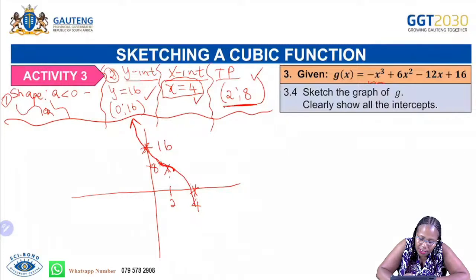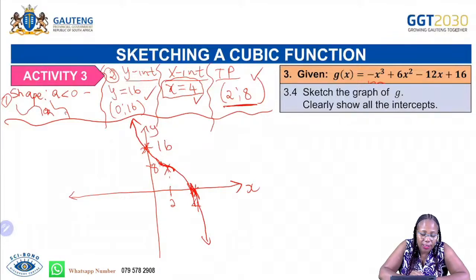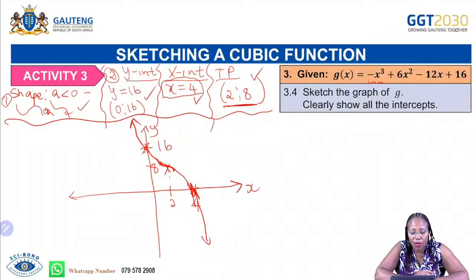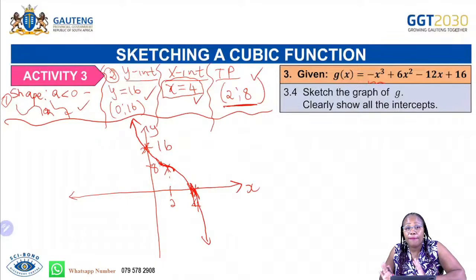Coming this way, cutting at 4 there, it must pass through 4. And then this is your x and y axis there. So it is this type of smooth curve, grade 12. This is how you sketch. How do you know? Because it can't be a straight line. Most of the learners are just joining those points and forming a straight line.